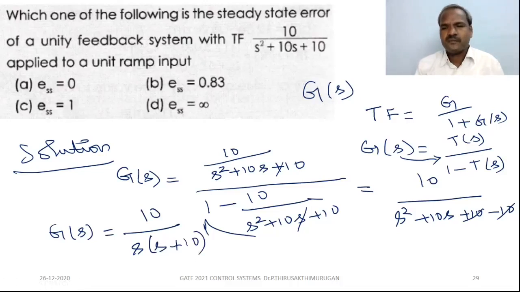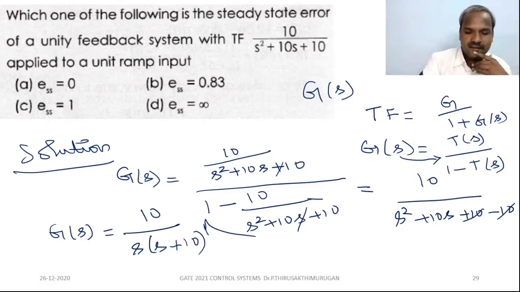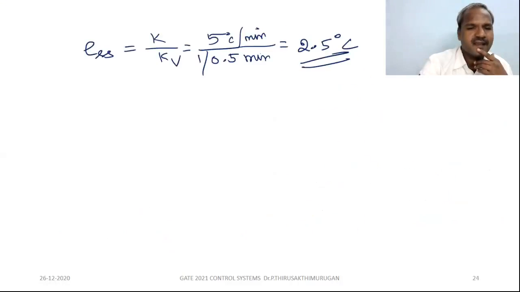A type 1 system has, for a ramp input, a finite constant steady state error, not zero. Go back here.